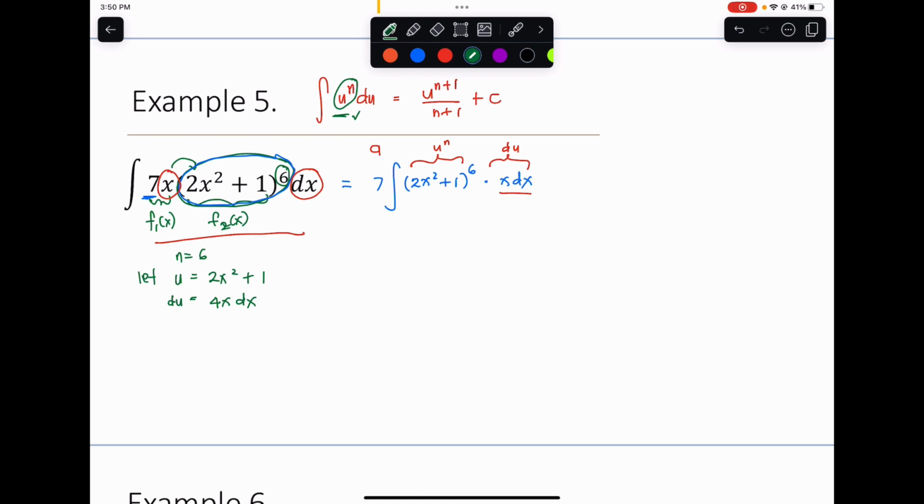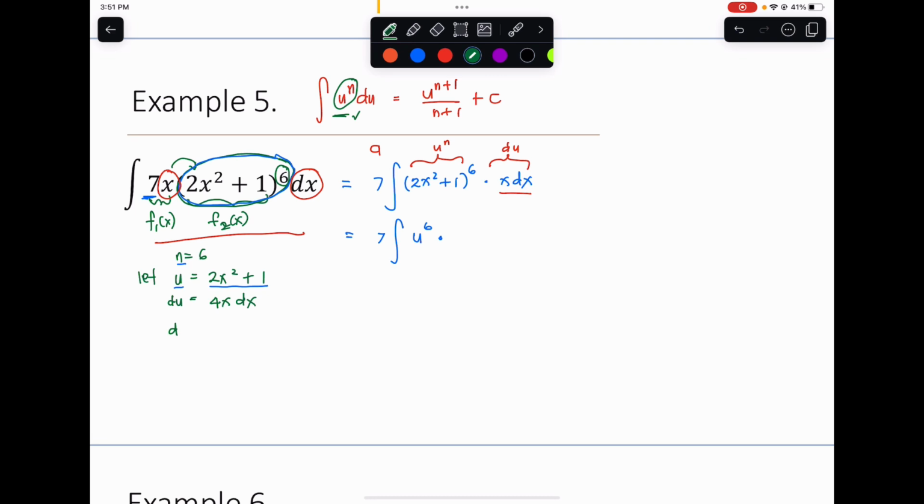Now if we use the substitution, this would be equal to 7 times the integral of u, and our n is still 6. The problem is that we have x dx, but the derivative gives 4x dx.